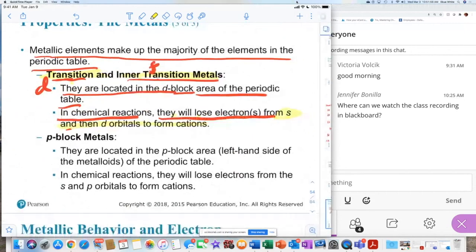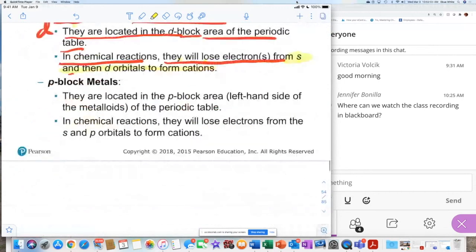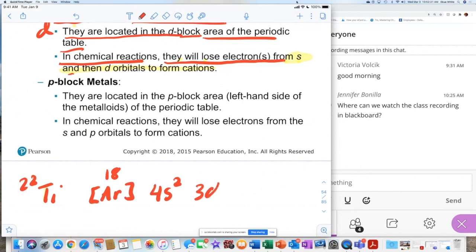Okay, so while we're here, I want to add an example to this to illustrate what's happening. Let's write the configuration for titanium. Titanium has 22 electrons, right? I'm going to write the shorthand because I'm just here to make a point. Ar has 18 electrons. After 18, potassium and calcium make 4s2, and then titanium is 3d2, like that.